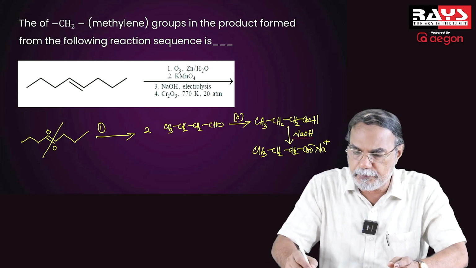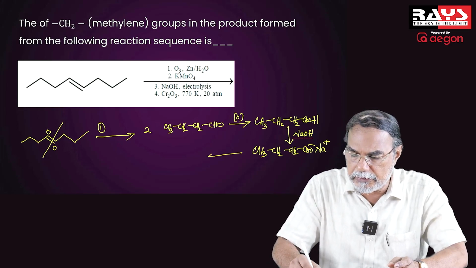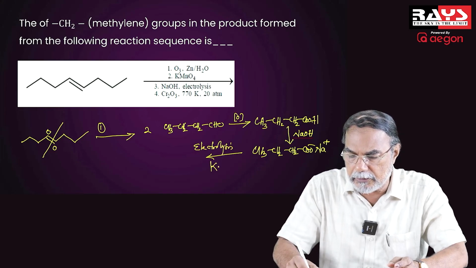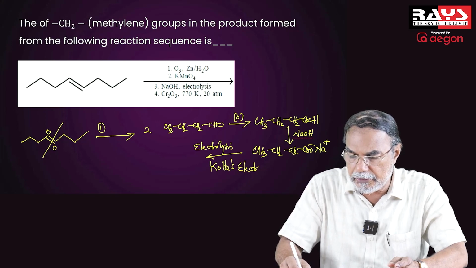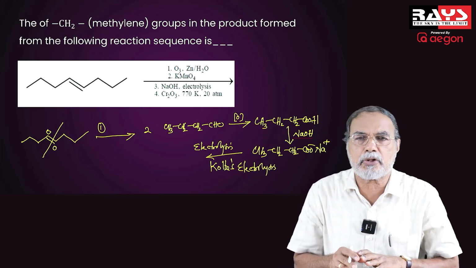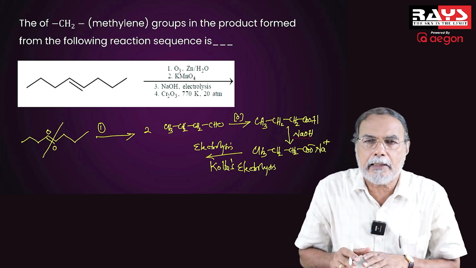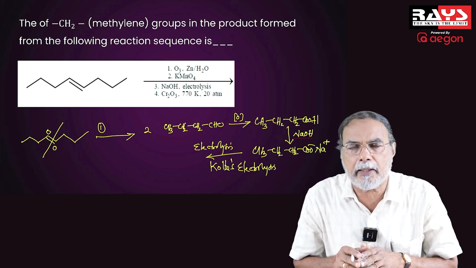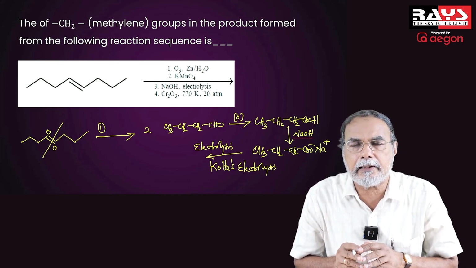And this compound is subjected to electrolysis. This electrolysis is what you call Kolbe's electrolysis, isn't it? The electrolysis of the sodium or potassium salt of a carboxylic acid. The method is important as it gives you a method of preparing a symmetrical alkane.